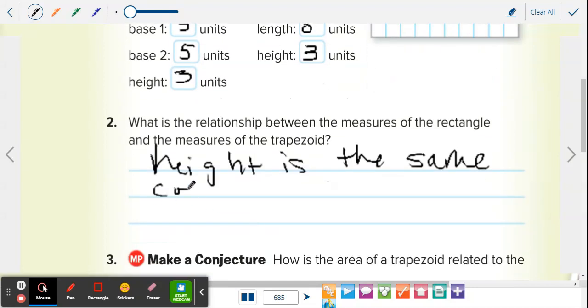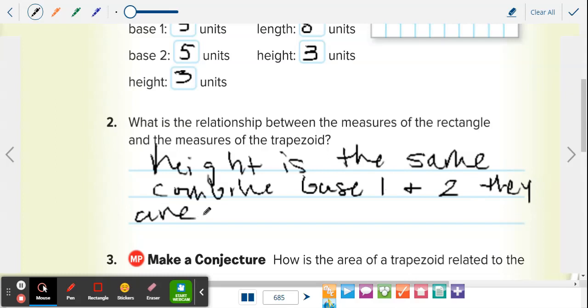So if you combine base 1 and 2, they are equal to the length. Okay, once you have all that, go ahead and go on to the next page.